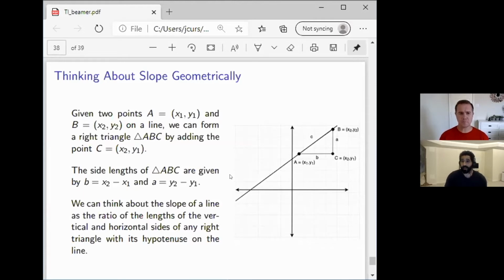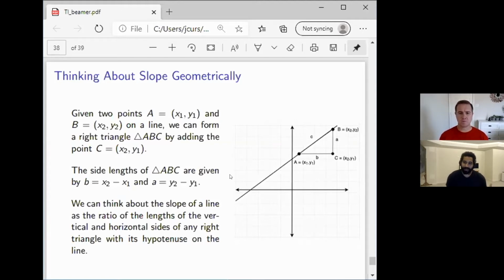And so the side length b is just given by x2 minus x1. The side length a is given by y2 minus y1. And so we note that we actually get our typical slope formula of y2 minus y1 divided by x2 minus x1 by taking the ratio of the lengths of the vertical and horizontal sides.